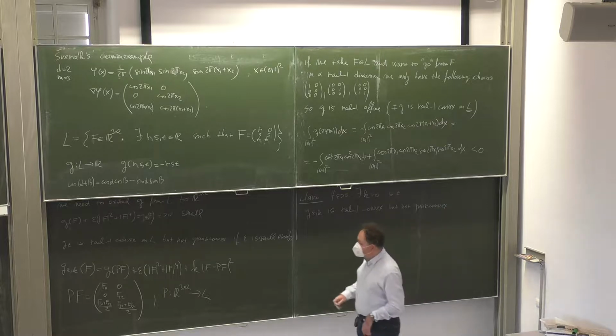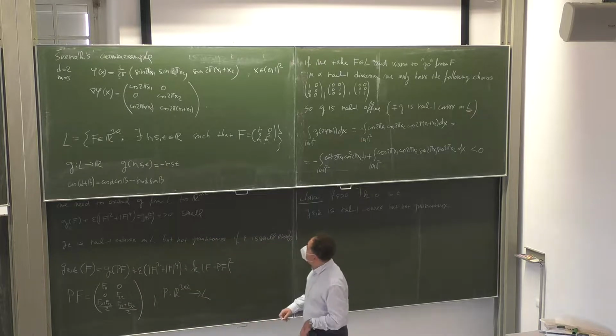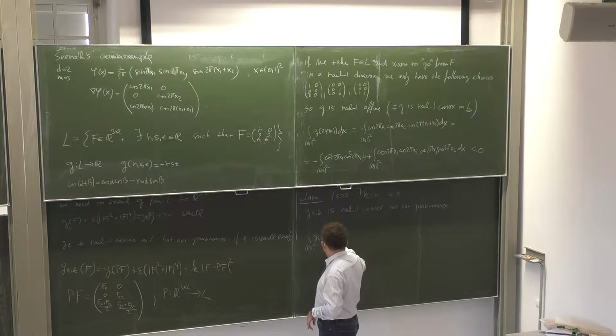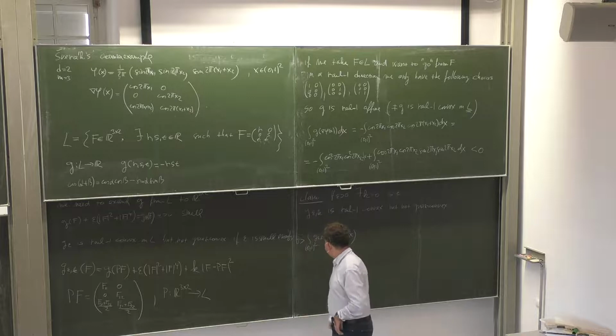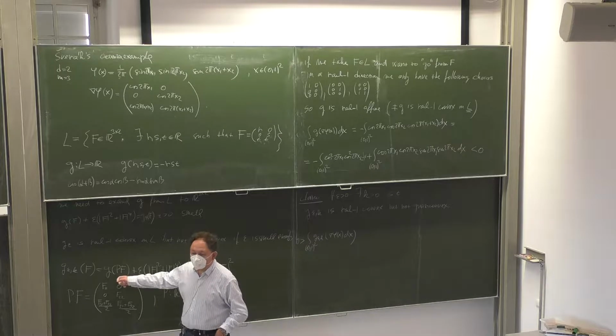Why? Simply because assume this is rank 1 convex, so you again show that the integral of G epsilon K of the gradient dx is smaller than 0. Why? The first term, I don't have to do anything because this is already in the subspace, my gradient, so I don't have to project.